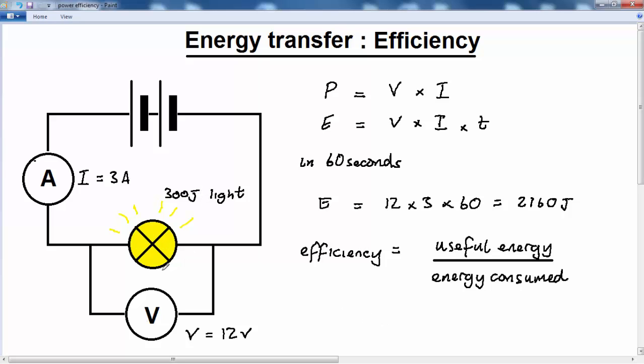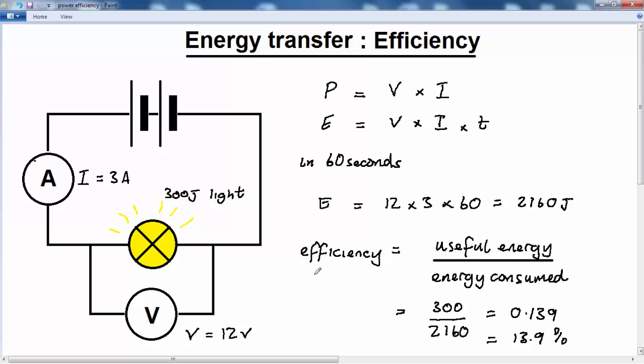So we can talk about the efficiency of that light bulb as being 300 divided by 2,160, which is equal to, in this case, 0.139. Or if you want to write it as a percentage, you multiply that decimal by 100, that gives you 13.9% efficiency, which is actually pretty typical of the old-fashioned incandescent light bulbs. They simply were not very efficient.